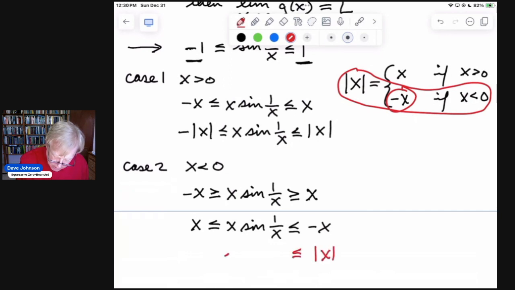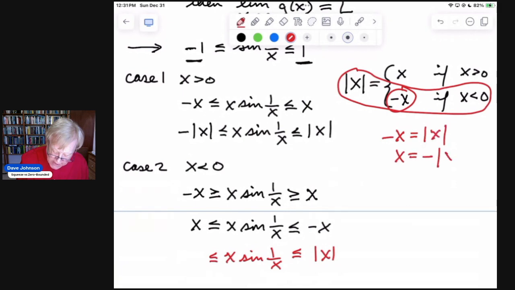The middle part stays the same, so x sine 1 over x. And then the x, so if negative x is equal to the absolute value of x, then it must be the case that x is equal to the negative of the absolute value of x. And so I can replace this with the negative absolute value of x.